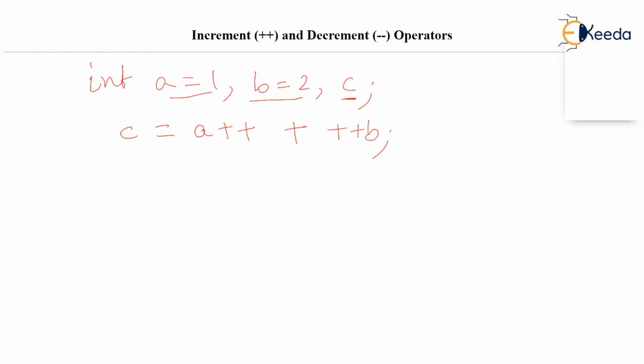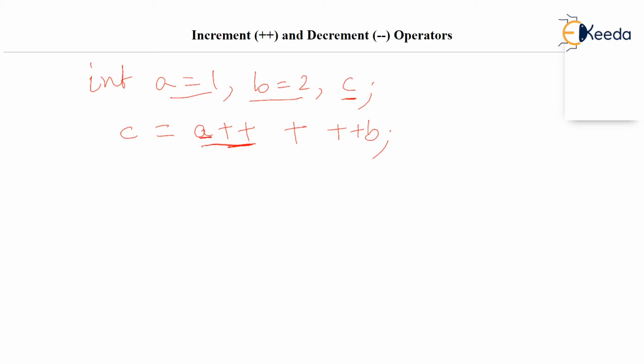When C solves this expression, first of all, C will search for the prefix operators. Now note, this plus plus is written after A, isn't it? So what does it mean? This plus plus is postfix. That means you should definitely increase A, but after the expression is solved.